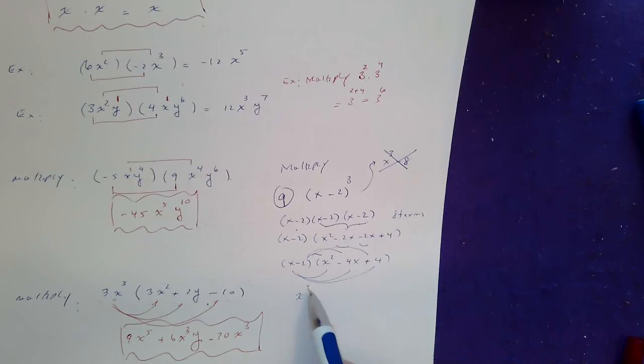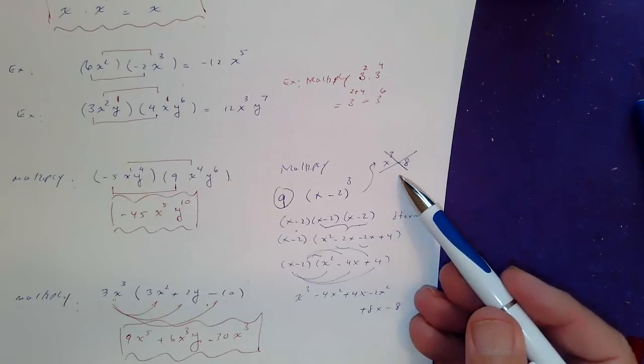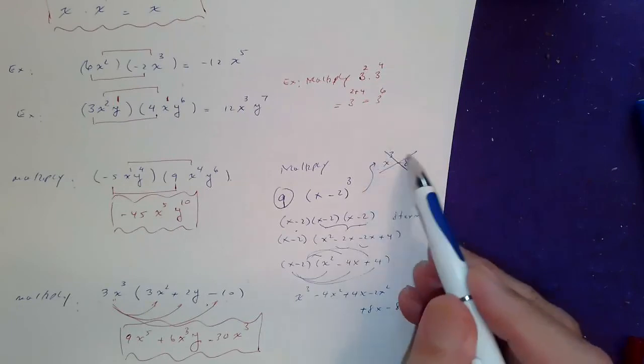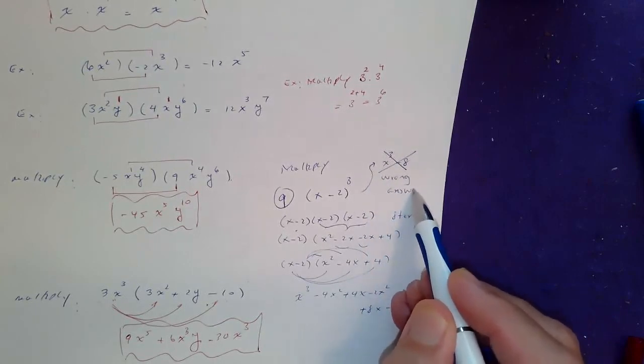So I get x cubed minus 4x squared plus 4x minus 2x squared plus 8x minus 8. Notice I'm coming up with more terms than if I was going to write x cubed minus 8, which is definitely the wrong answer. Do you see it?